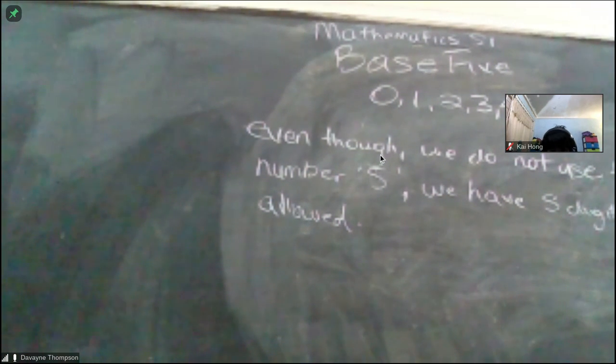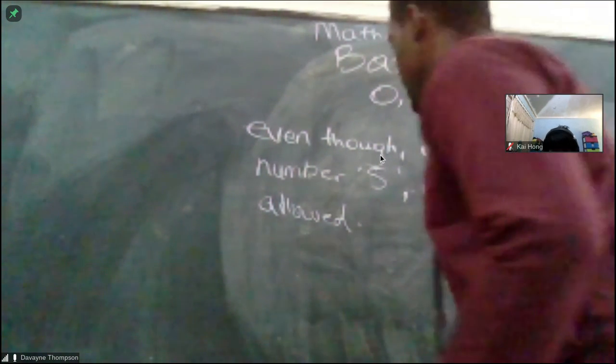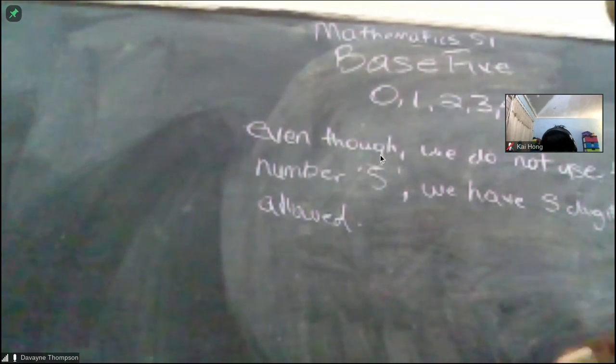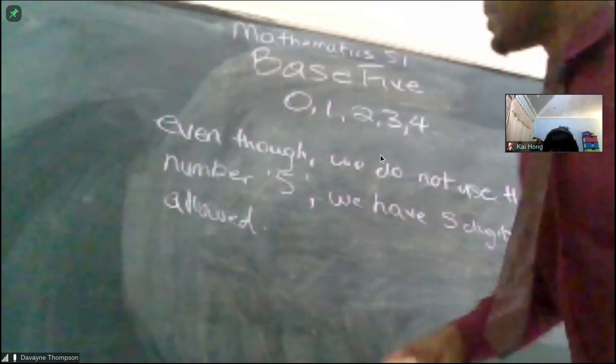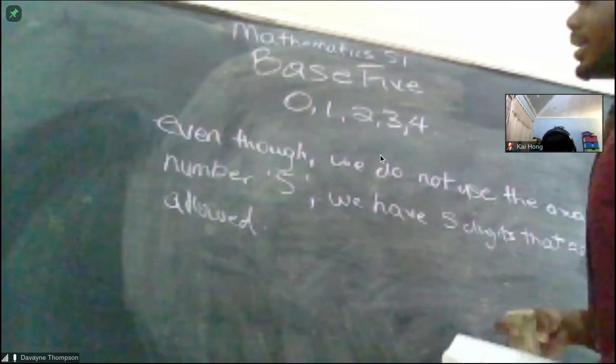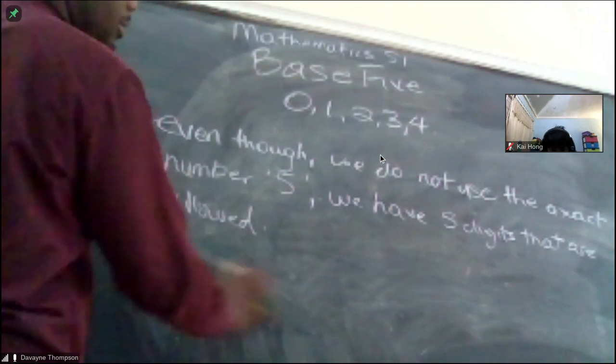Alright, let's continue. I'm going to draw a chart on the board, and I want you to understand that this is the same scenario we use for base 10 and base 2. So here we go.